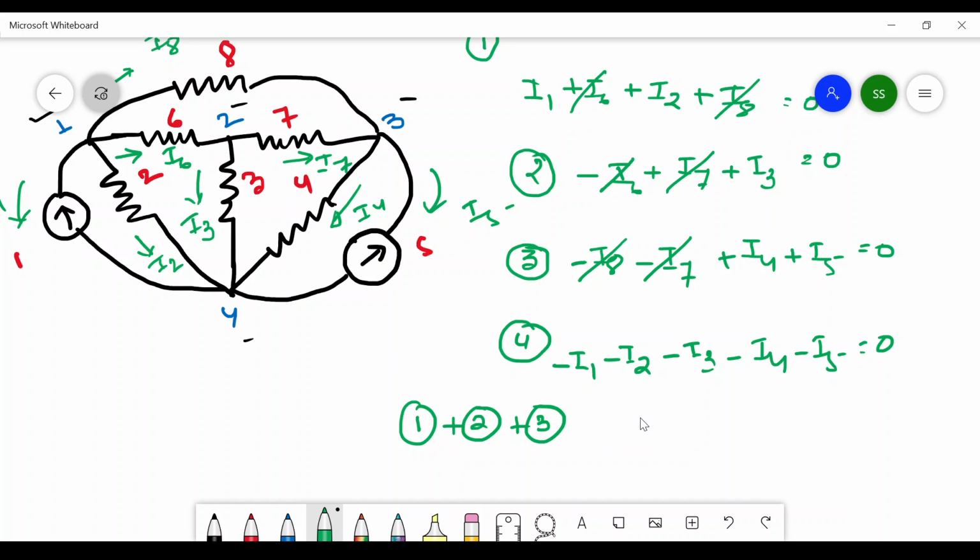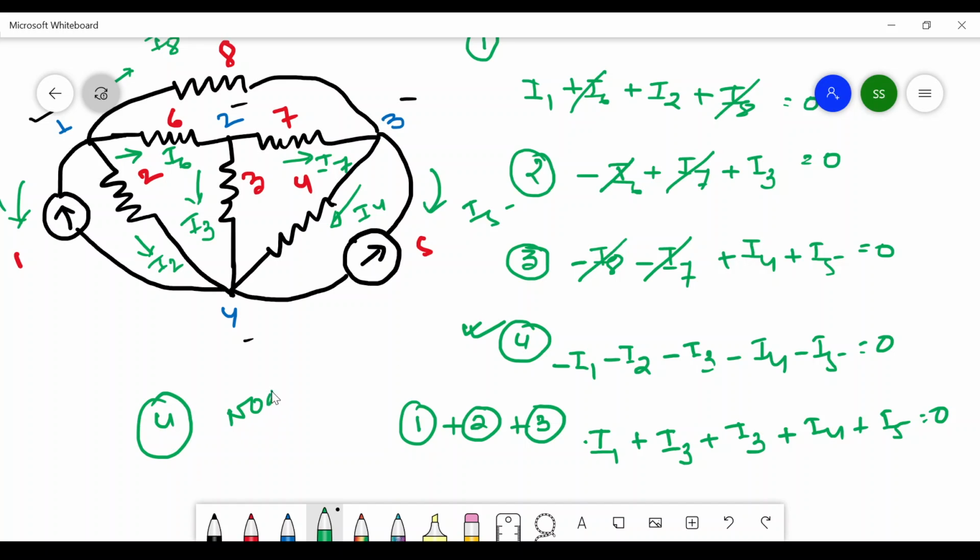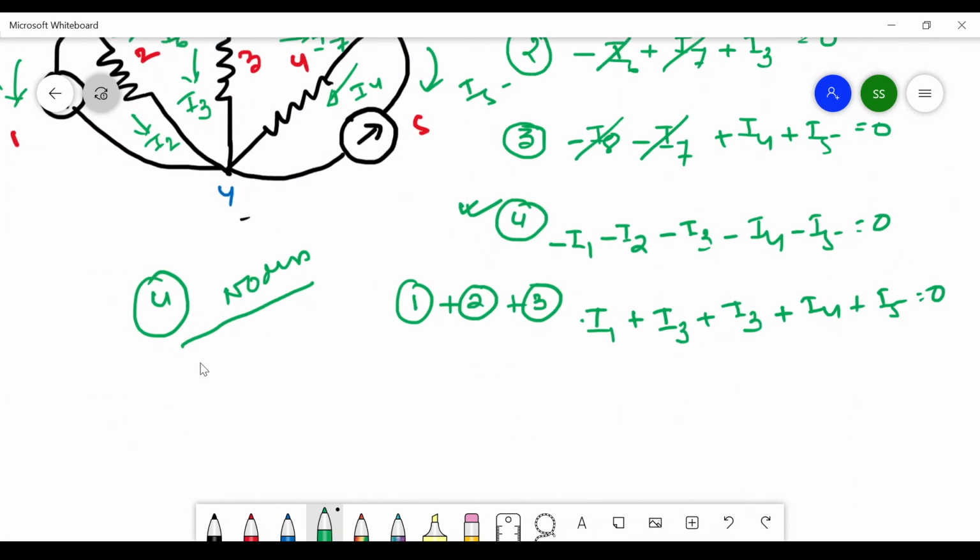So adding 1 to 3, we get I1 plus I2 plus I3 plus I4 plus I5, which is equal to 0. This is nothing but equation 4. So from 4 nodes, we are actually getting 4 minus 1 KCL equations.